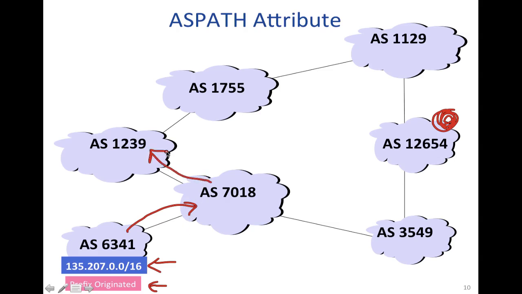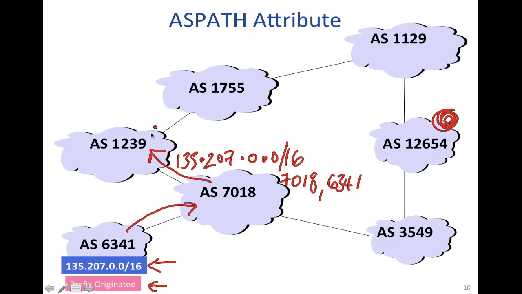And when it gets advertised here, it will say, you can reach this particular prefix, 135.207.0.0/16, via AS7018 followed by 6341. And then that will flow around here, and they've added one AS to the path, then it'll get advertised here.